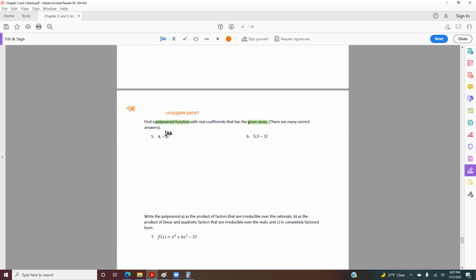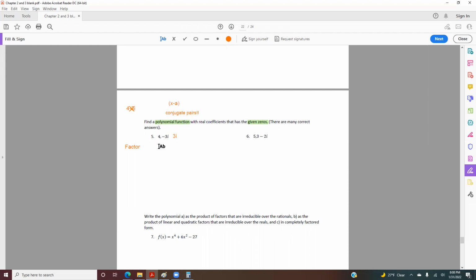So what is the conjugate of -3i? Would it just be 3i? Yep, it'll be just 3i. So don't forget, a conjugate pair is changing your i from negative to positive or positive to negative. In order for us to write a polynomial function, you have to write this in factor form. Don't forget, factor form is written as x minus a, where a is a zero.